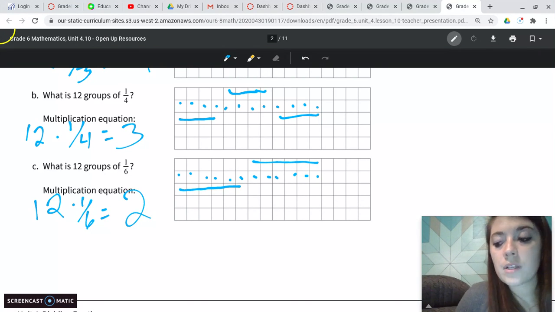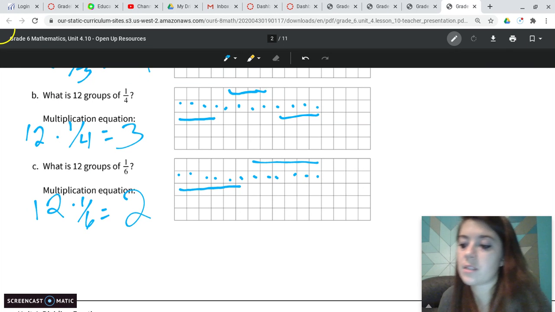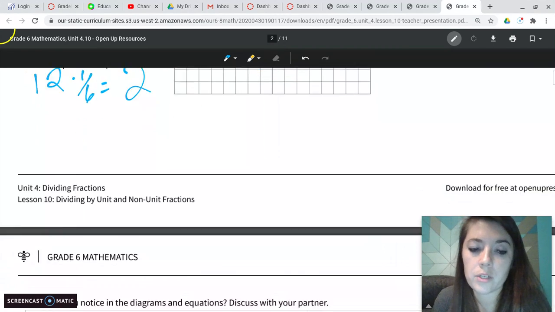Now, what do you notice about the different problems, the diagrams, and the equations?